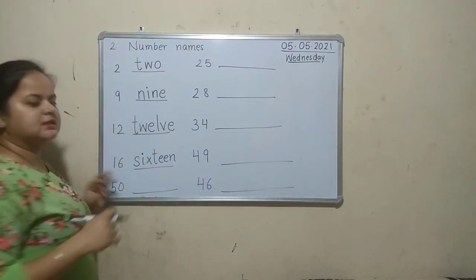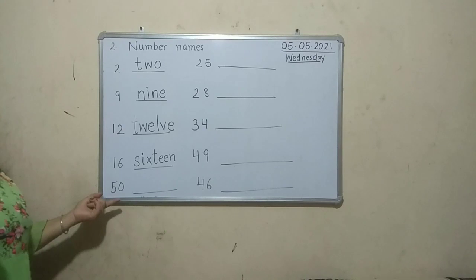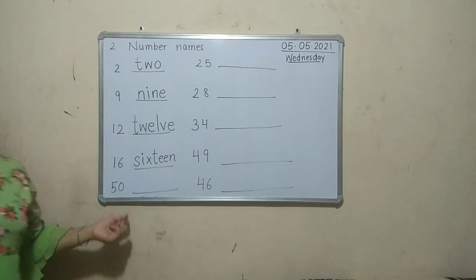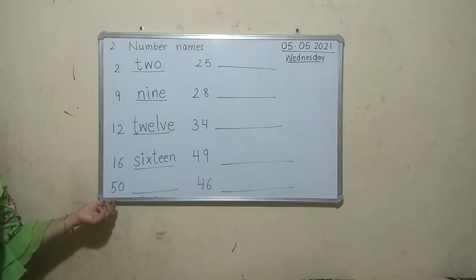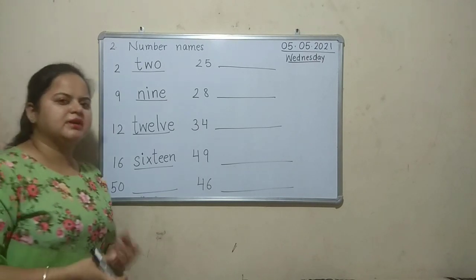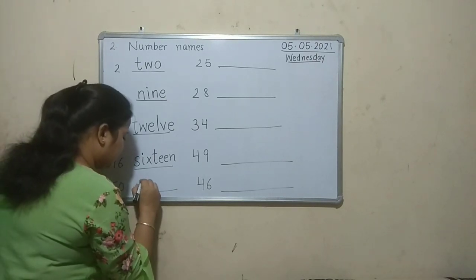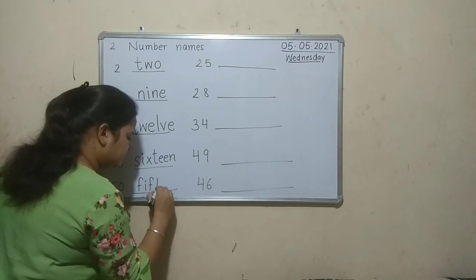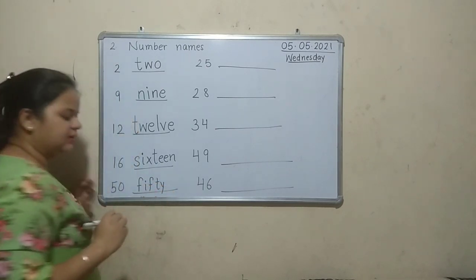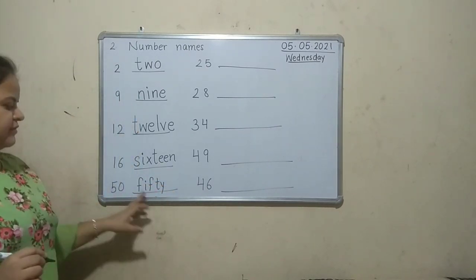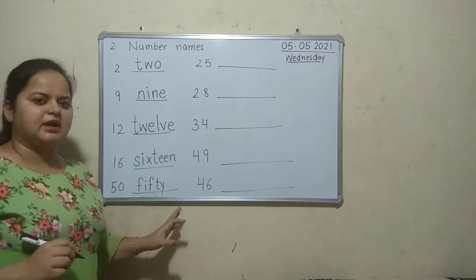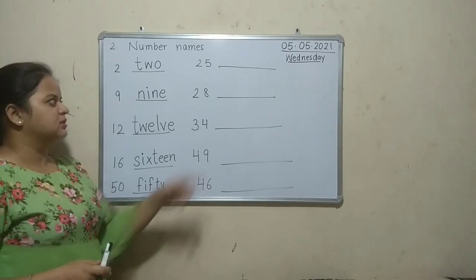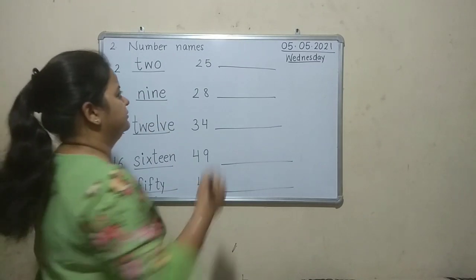S-I-X-T-E-E-N, 16. The next number is 50. How will we write 50? F-I-F-T-Y, 50. Good.